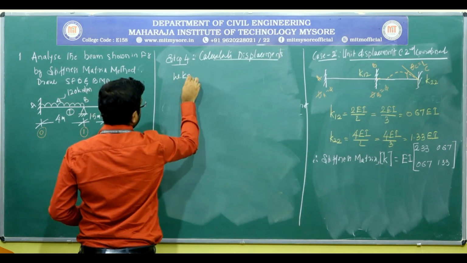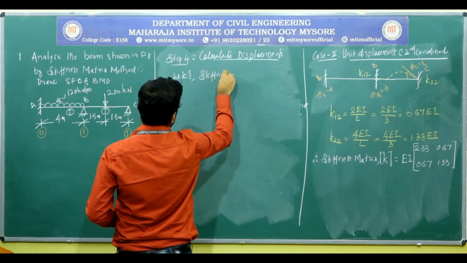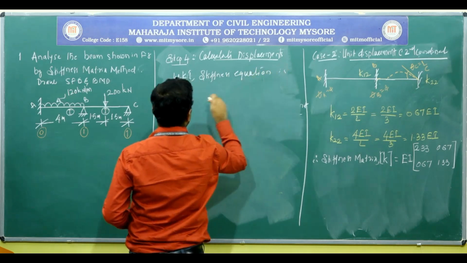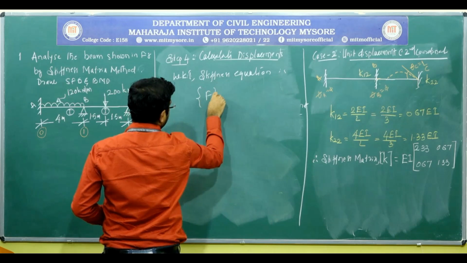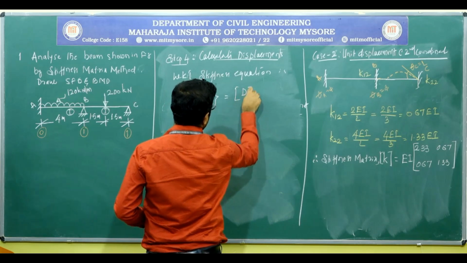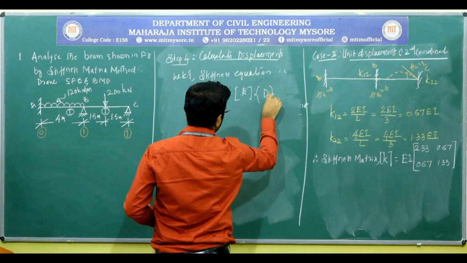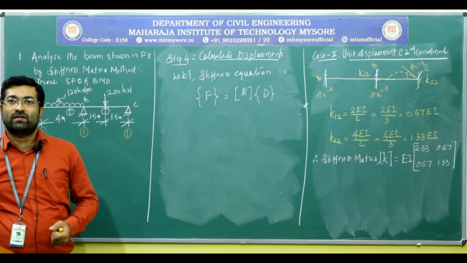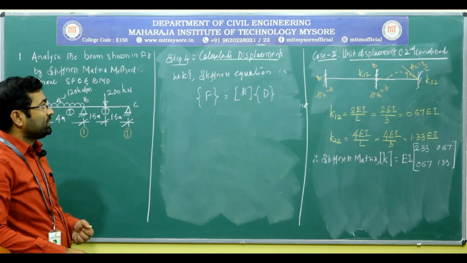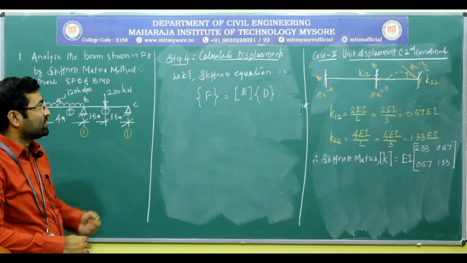So we know that the stiffness equation is F equals K into D. Force is equal to stiffness into displacement, right. Now I can use this as the basic equation for the calculation of the displacement.